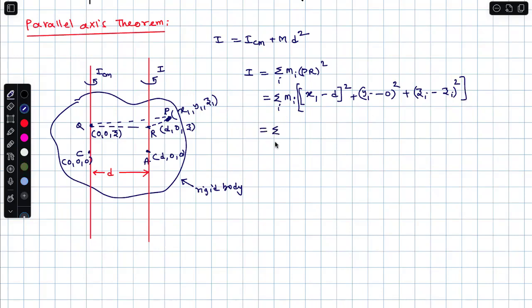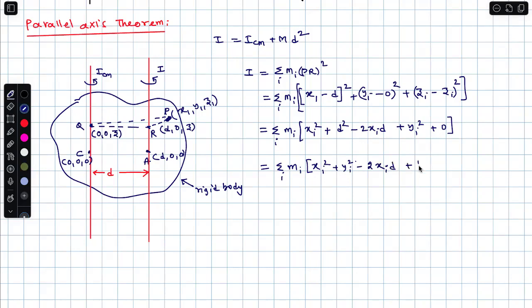So this is nothing but sigma m_i times x_i square plus d square minus 2 x_i d, plus y_i square plus 0. This is nothing but sigma m_i times x_i square plus y_i square minus 2 x_i d plus d square.